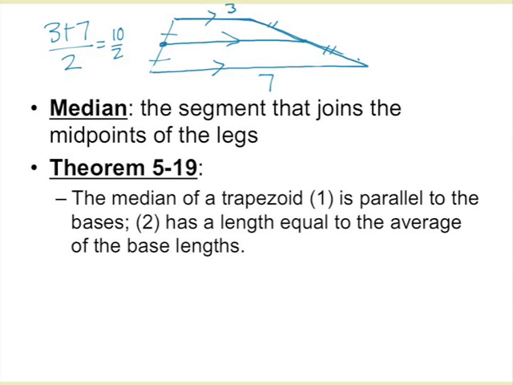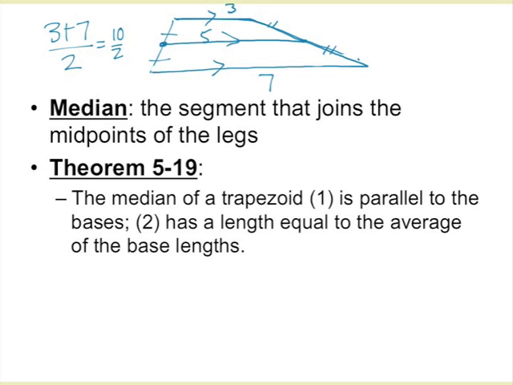Just 10 divided by 2, or this middle one would have a length of 5. Okay? To find an average, you add up the two values and divide by 2. Okay? And the median will be the average of the two bases. Questions on that?